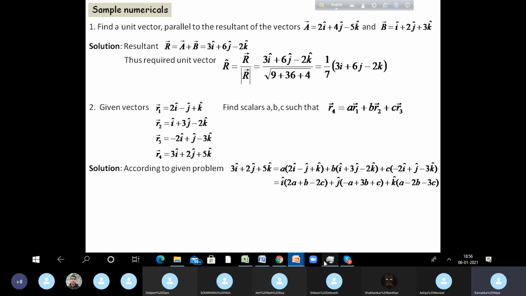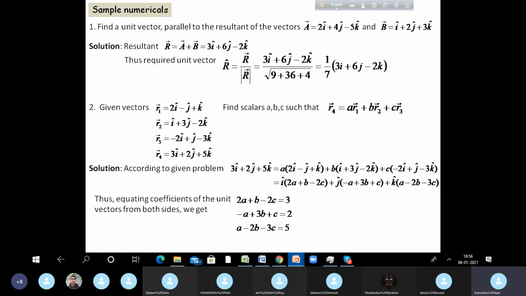Then in the next step, you gather the coefficients of i cap, j cap, and k cap in this manner. Once you have the coefficients of i, j, and k on your right hand side, and the coefficients of i, j, and k on your left hand side, all you need to do is equate the coefficients of i, j, and k from both sides.